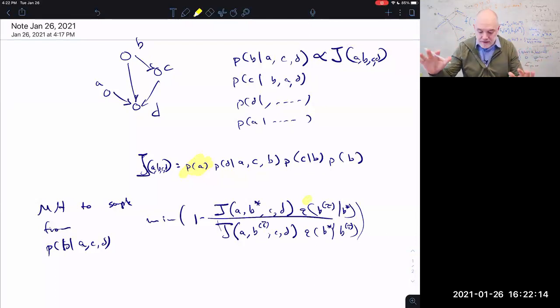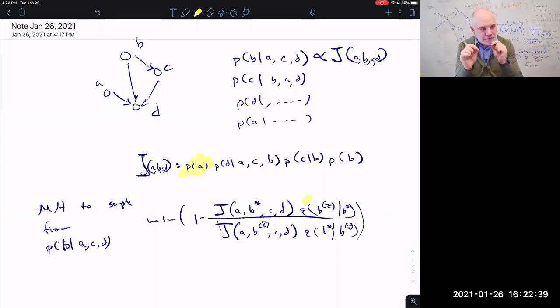But if you're only proposing in the space of B, then you can actually say, okay, well, I know that B is normally distributed. It's a real quantity on the real line. So let's make our proposal distribution for B normal, right? Or if I know that it's positive only or something like that.